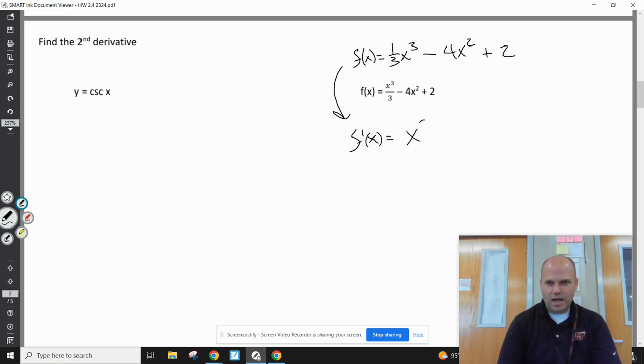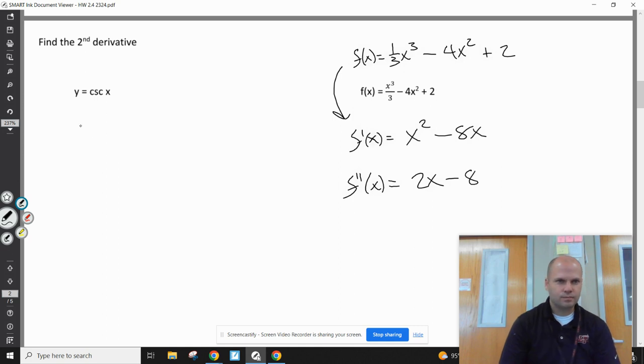The first derivative will be x squared because the 3 gets multiplied by the 1/3, minus the 8x. The second derivative, the slopes of the slopes, will be 2x minus 8. Be careful, if I gave you this was the first derivative, you'd only have to take the derivative once to get the second derivative. I think I have a question hopefully later that deals with that. Why slopes of slopes can sometimes be difficult is because when you take maybe the slopes one time, you're just like, okay, the slopes of cosecant are negative cosecant cotangent.